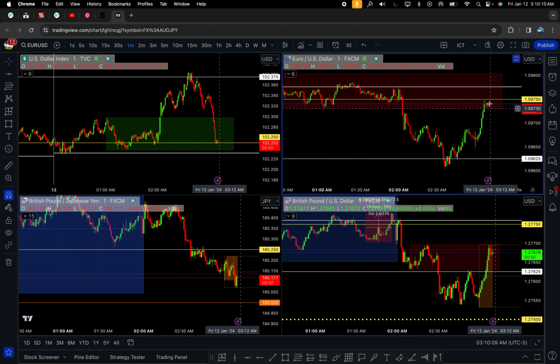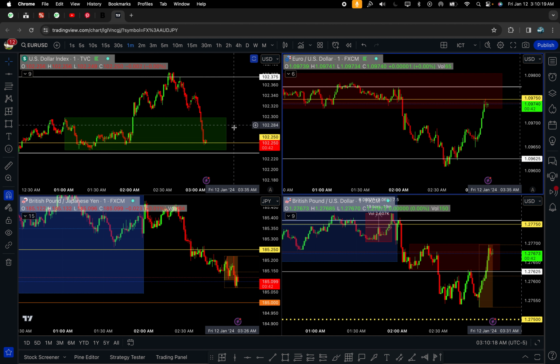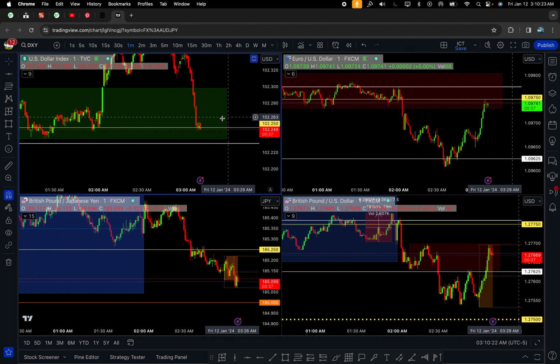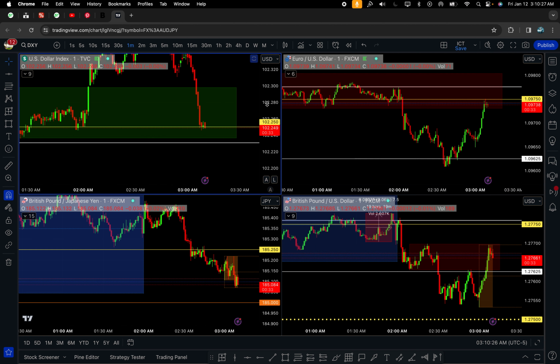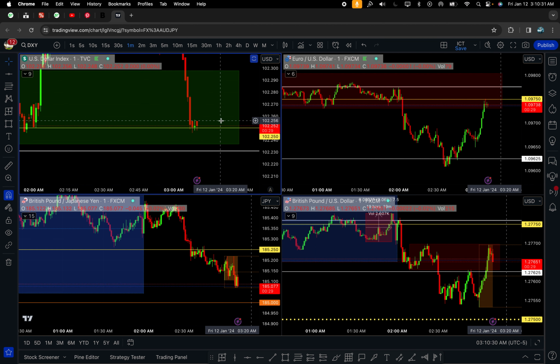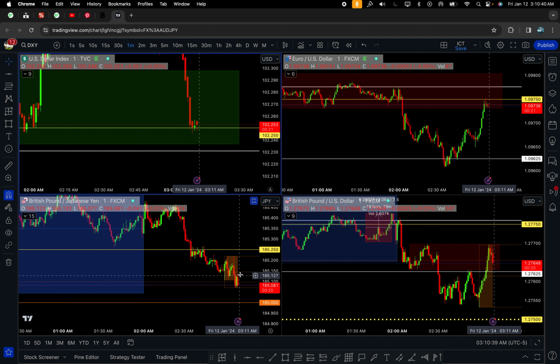Looks like the euro is thinking about going back down up here. Pound yen had a little green candle, now red again.